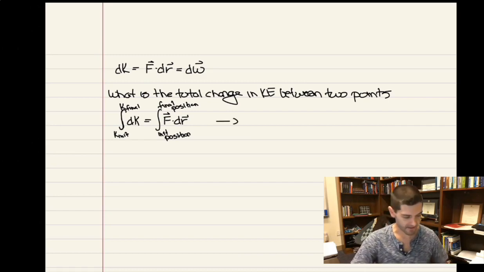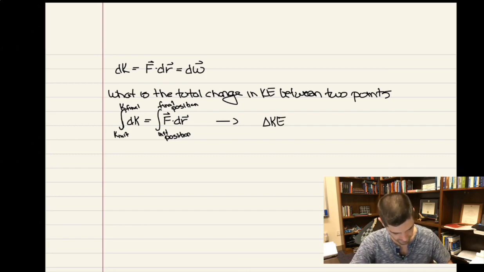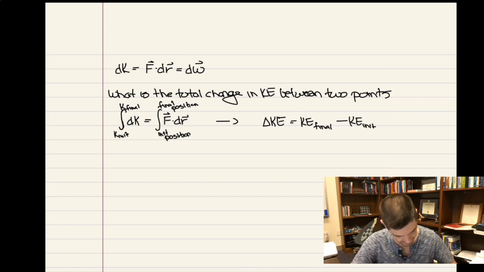The left-hand side is actually pretty easy to write down. Again, all I'm asking is what is the overall change in kinetic energy, right? That is kinetic energy final minus kinetic energy initial. And that is equal to this integral of force over displacement.